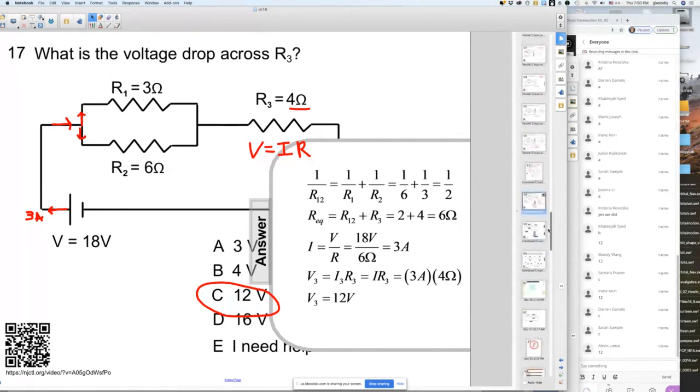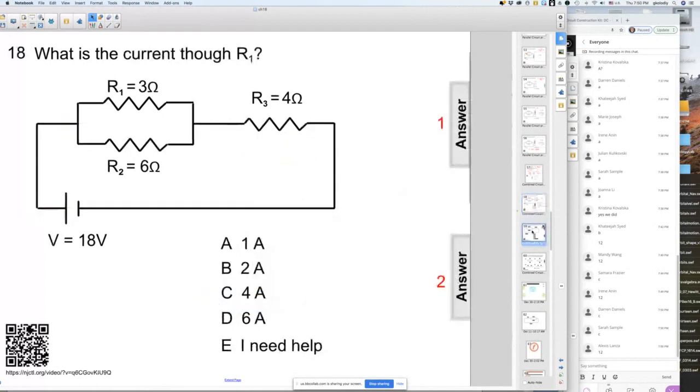Okay, so the next question is going to be, what is the current through R1? We could have sort of predicted that was going to be, what is the current through R1? So we have to go back.